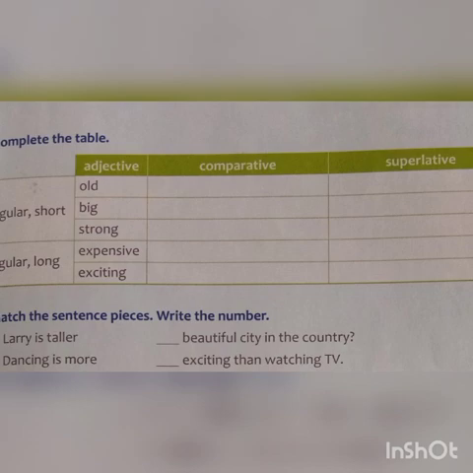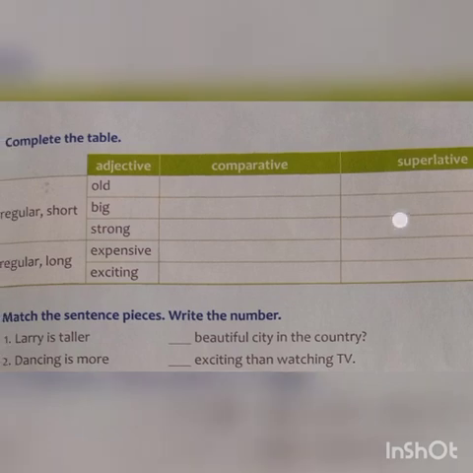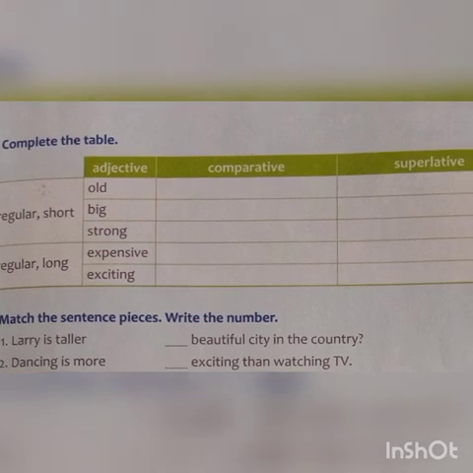So what do we do in this case? Of course, we have to add more before the adjective. More expensive. No existe expensive, por favor. More expensive. Luego tenemos long adjective, exciting. We have to include more before exciting.